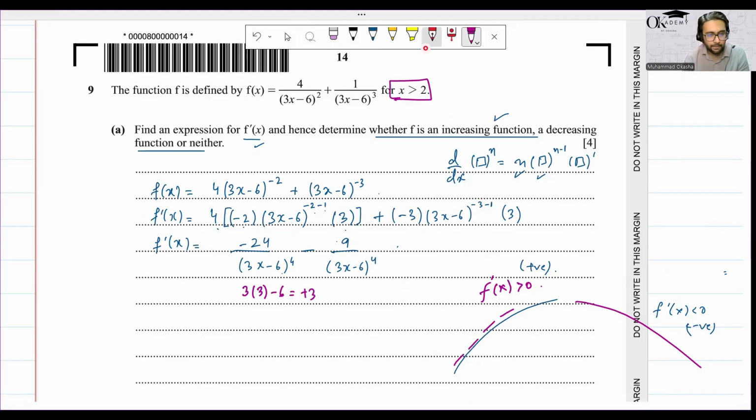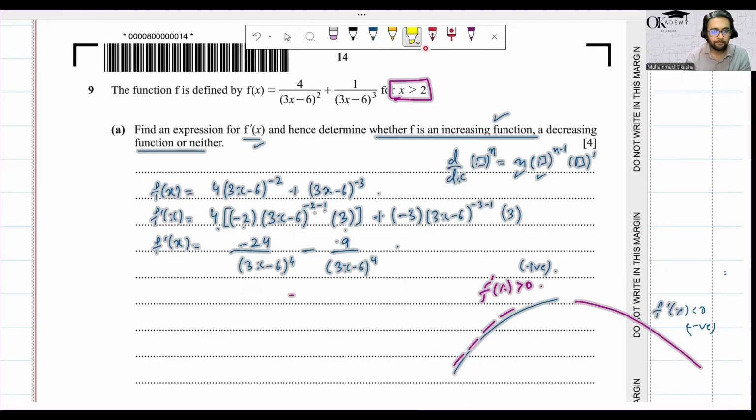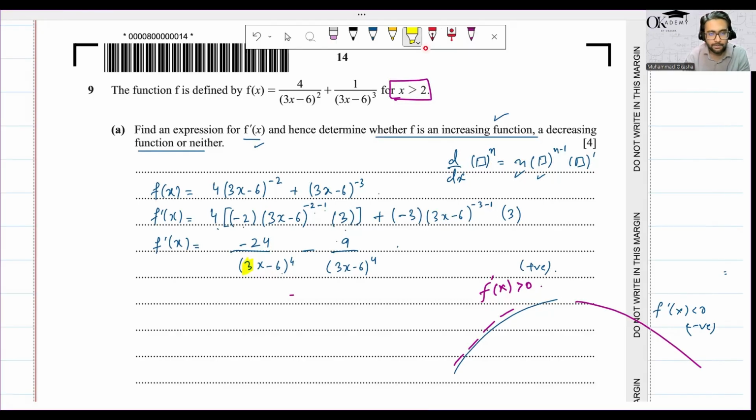Whatever number greater than 2 you put in, the denominator is going to be positive. So you're going to have a positive denominator always. At the top, you have this negative 24 fixed, the value of x is not changing it. So I'll write it's negative.